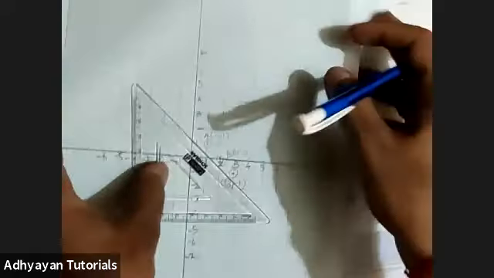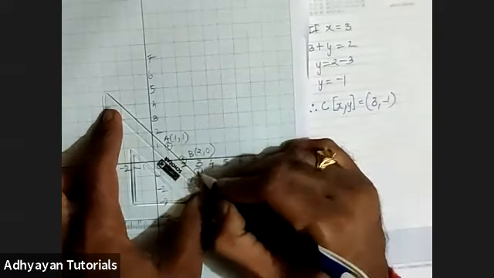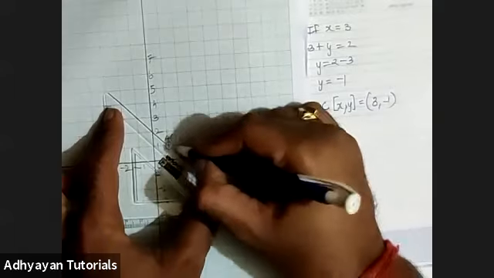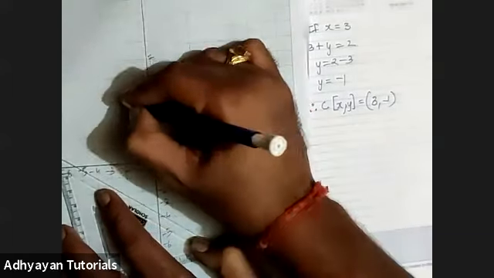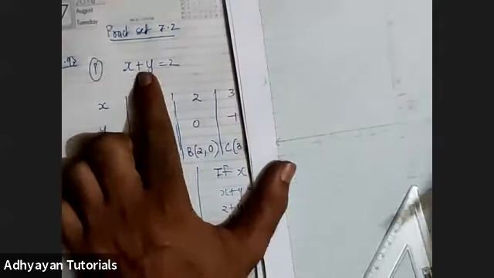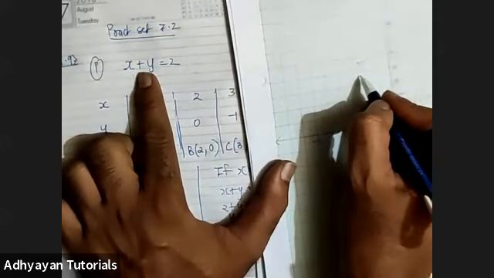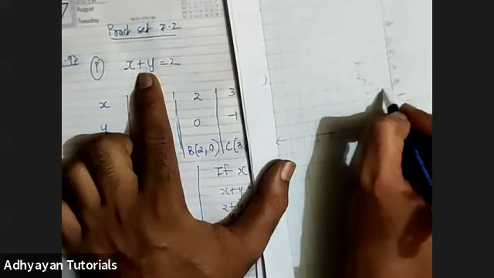So we just have to connect those 3 points and draw a line like this. If the line passes through all the 3 points, our sum is correct. And at the end, children, somewhere around the line you have drawn, you have to write x plus y is equal to 2.